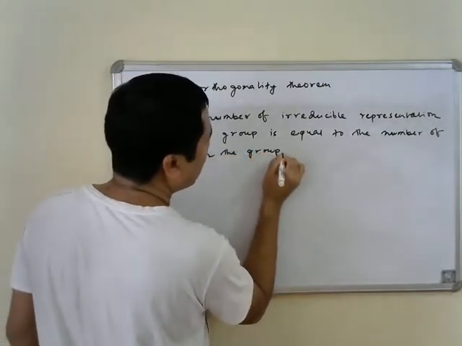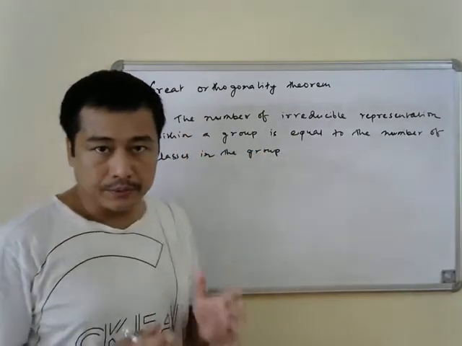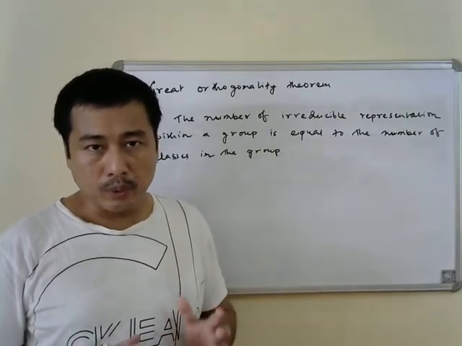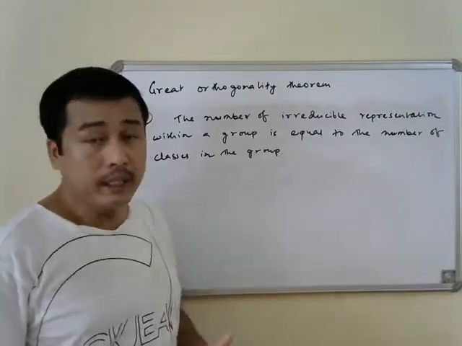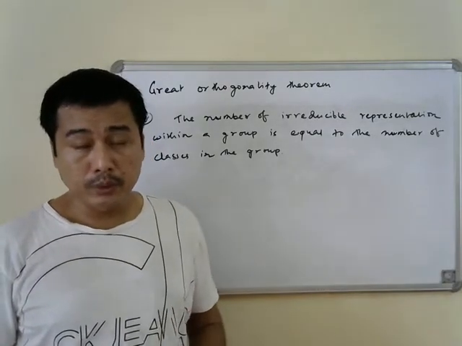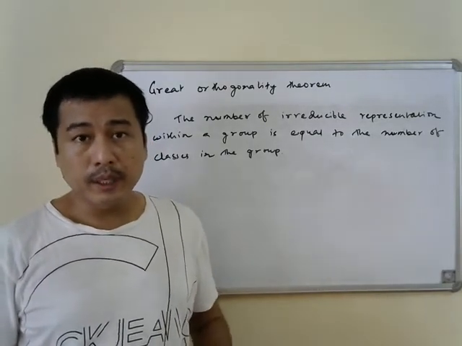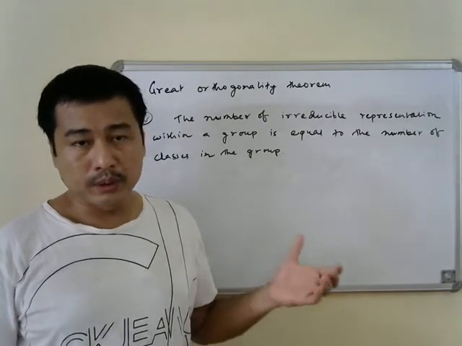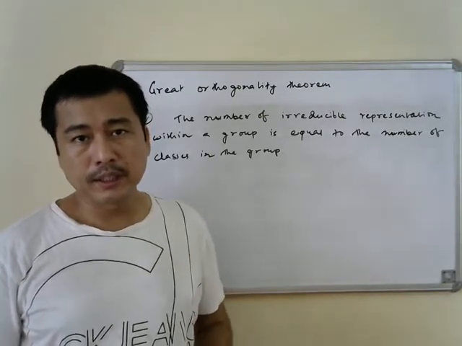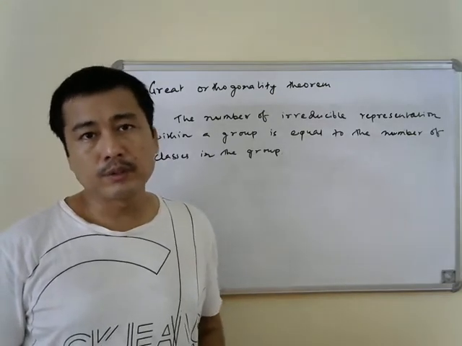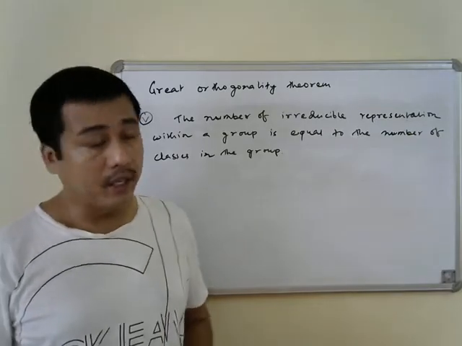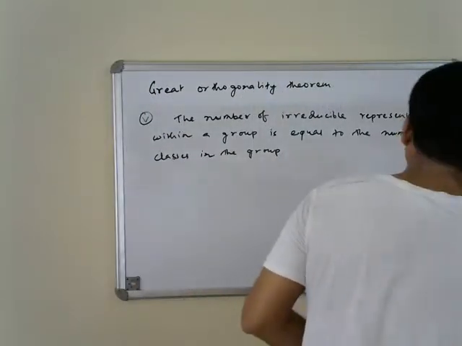So we have already learned that there is a finite number of irreducible representations within a given group, and now we know how many irreducible representations are going to be present within a group just by finding out the number of classes within the group. Because the number of irreducible representations is simply equal to the number of classes present within the group, this will help us in finding out the irreducible representation again.